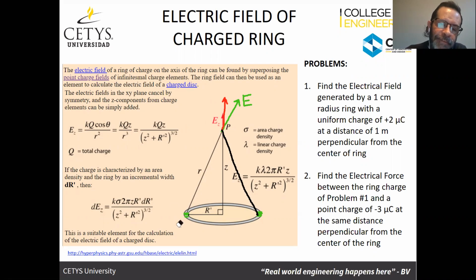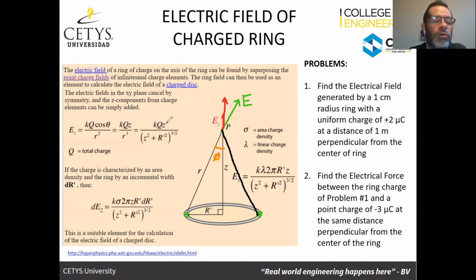Now, for this infinitesimal point here, we find that the charge is going to be kQ. And we also have an angle here, and we're going to be considering the cosine of that angle the same way we did it previously for the line. So we've got an angle here, and we're going to be interested in the cosine of that angle, which would be z divided by r. And we're going to have this expression where Q is the total charge.